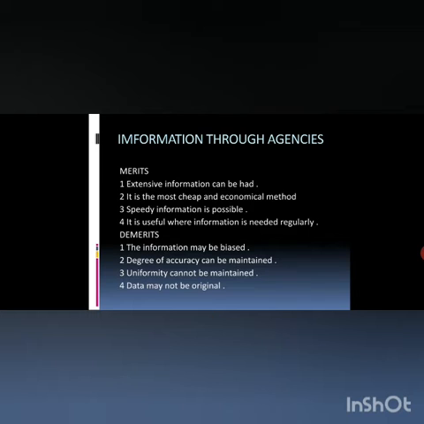Now we will see the merits of this. Economical. This method is quite economical in terms of time. This method covers a wide range of investigation. Continuity. The correspondents keep on supplying almost regular information. This method is particularly suitable for some special purpose investigations.